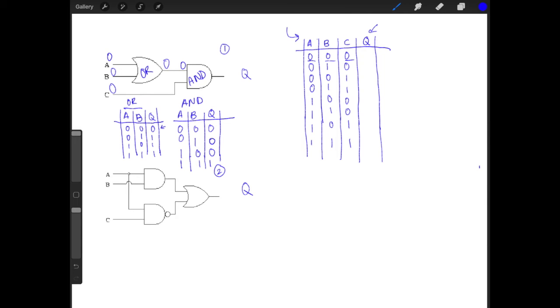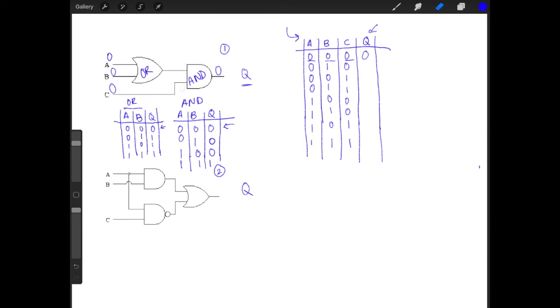Now we have our input for the AND gate, because the output of the OR gate is an input for the AND gate. So we have a 0 for the first AND gate input, and then 0 for the second one. If we look at the AND gate truth table, we have 2 zeros for input, so the output would also be 0. So Q, our output, would be 0, and then we write that in the truth diagram.